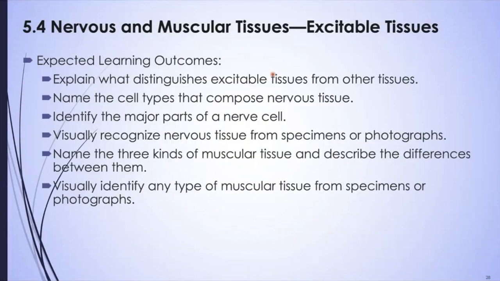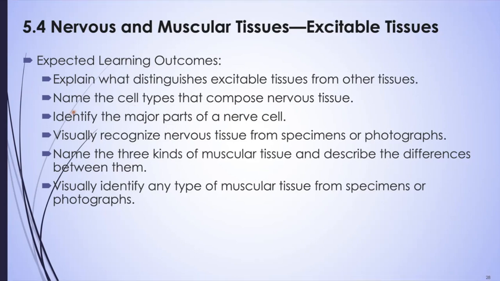Moving on to your nervous and muscular tissues. These are excitable tissues, okay? Because I get so excited about them. No, actually, because they take excitation energy in order to make this take place. So it gets its own learning outcomes. You should be able to explain and distinguish excitable tissues from other tissues. You should be able to name the cell types that compose nervous tissue.